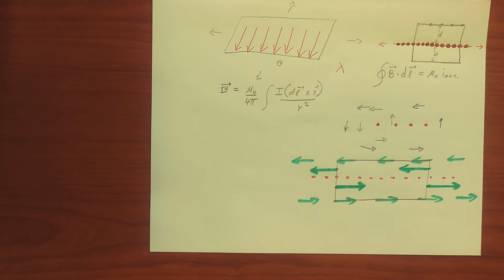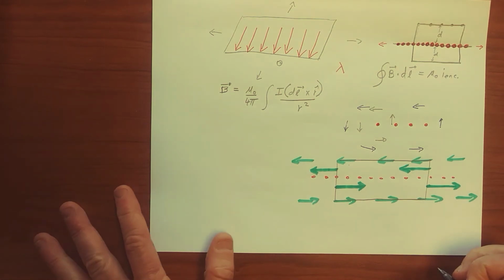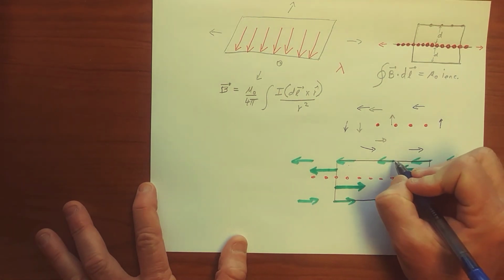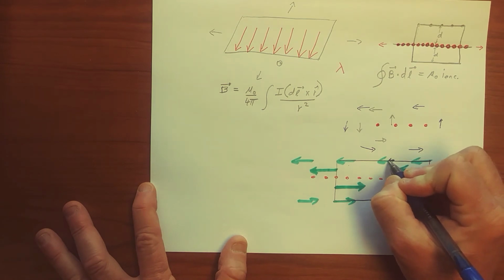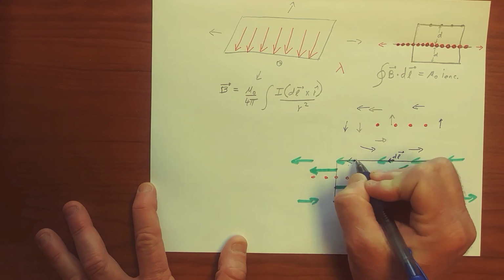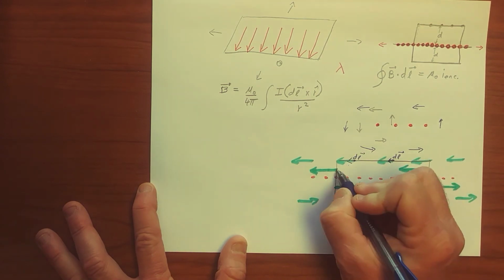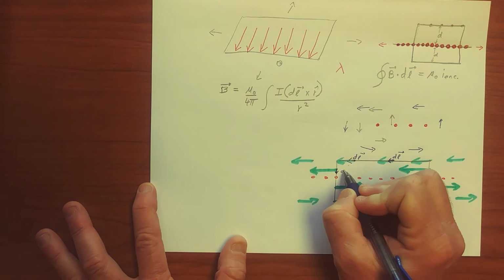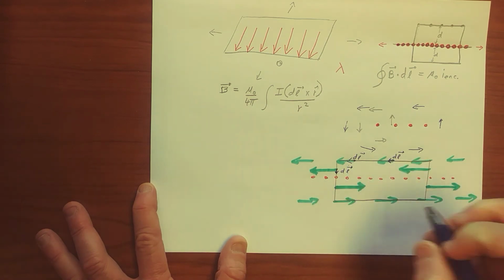So let's choose a direction for the path. Maybe this is the direction we want to integrate in. That's dl. Here's another dl here. Here we're going this way. We're integrating counterclockwise.